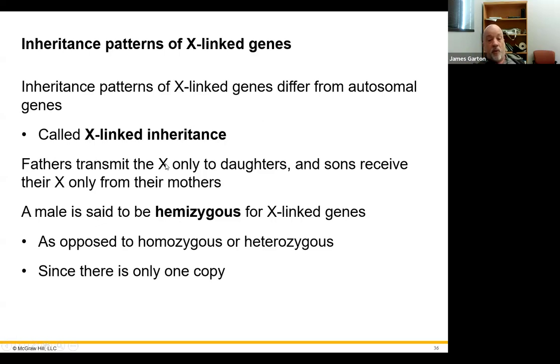And so fathers transmit one X chromosome to zygotes that become daughters, and they don't transmit it to their sons. And a male is said to be what they call hemizygous. You have half. You're hemizygous for X genes. And that's in comparison to homozygous or heterozygous.